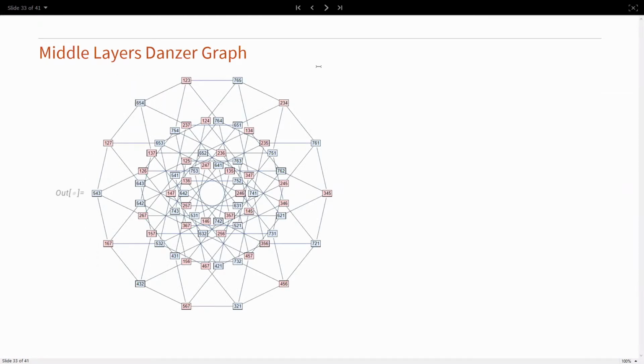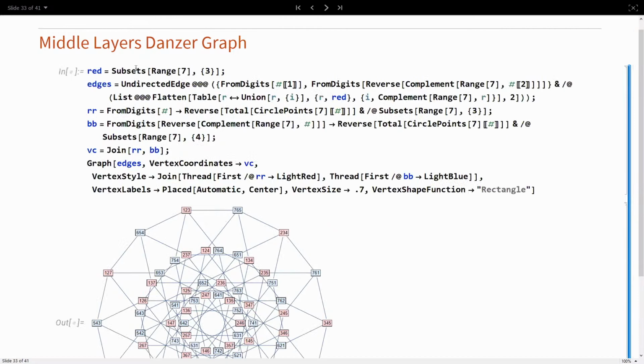Here's another graph. This is what's called the Danzer graph. The way it's generated, if I can bring up the code here, is to just take CirclePoint 7 and all the possible subsets of 7, and then just combine them.